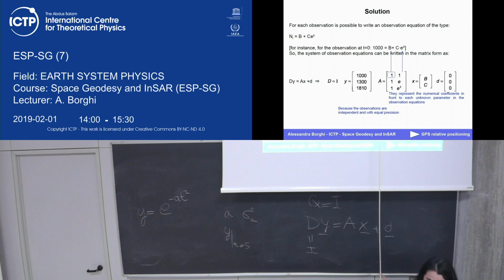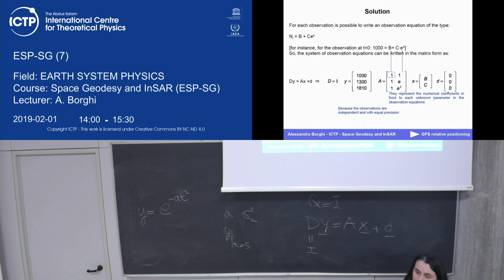I can write a general least square estimation code in any language, but I have to put in the data, so I have to be able to write the design matrix and also the stochastic matrix. The software needs these two pieces of information.